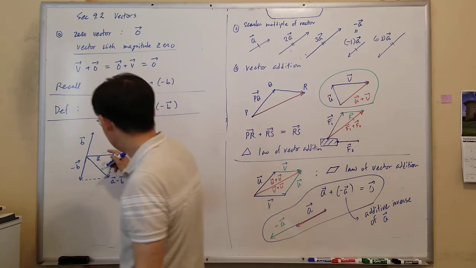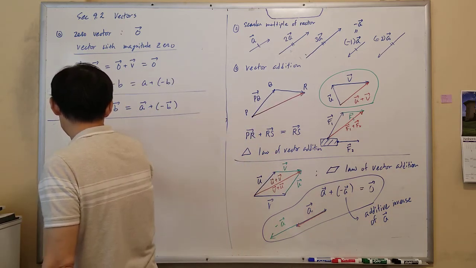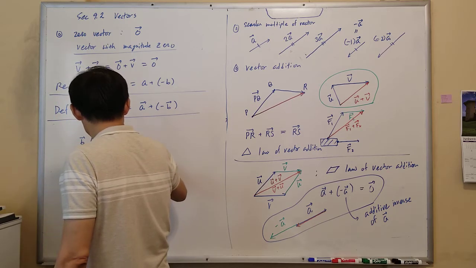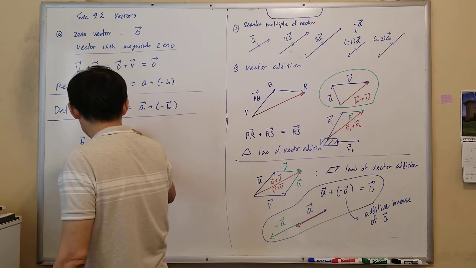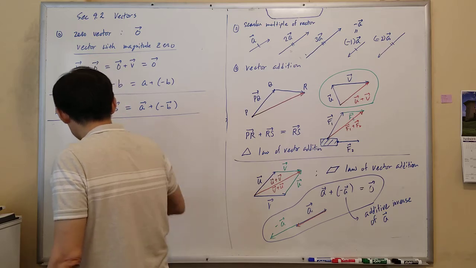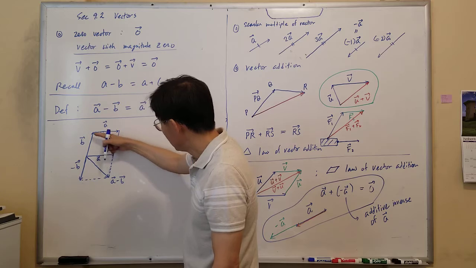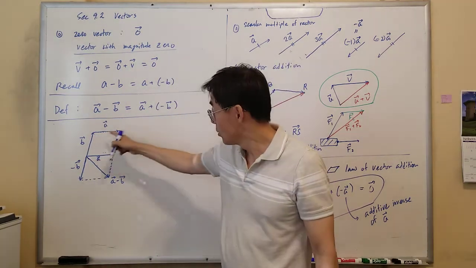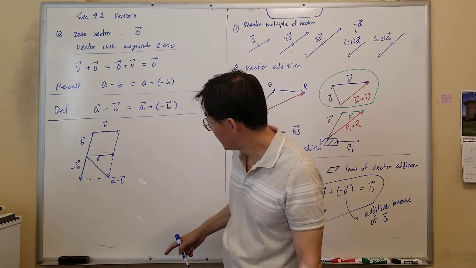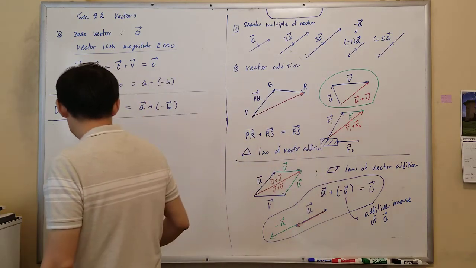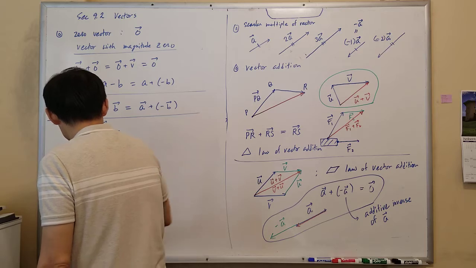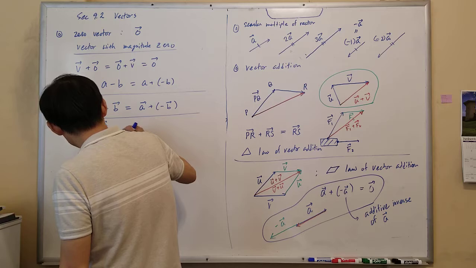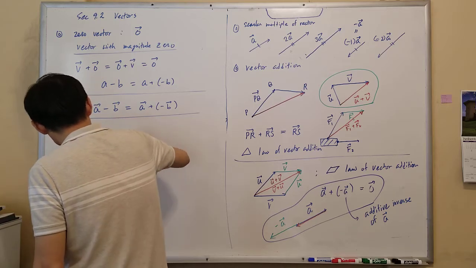If I draw A over there, same size and same direction, so parallel and congruent, it's going to be a parallelogram.